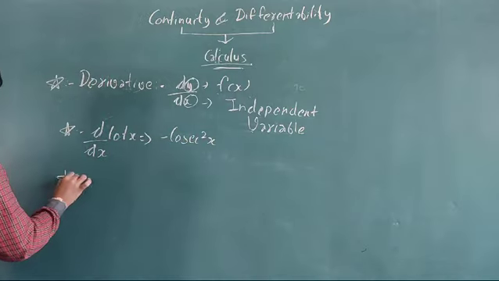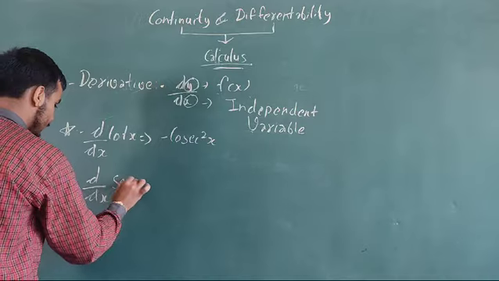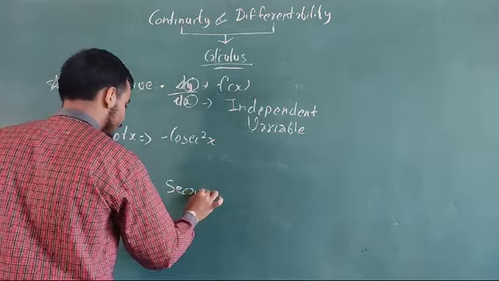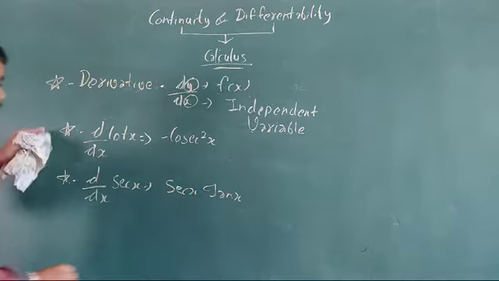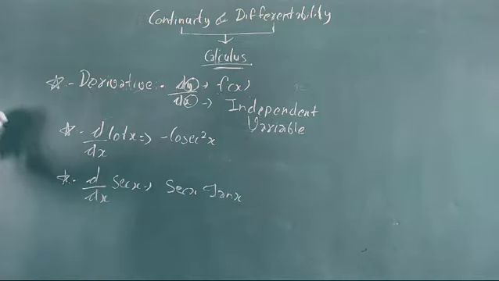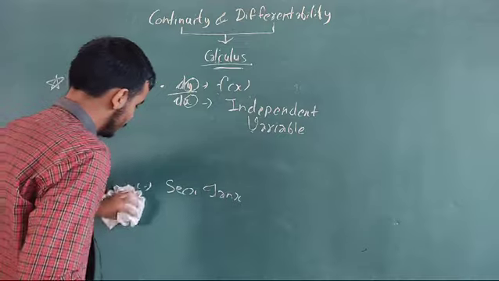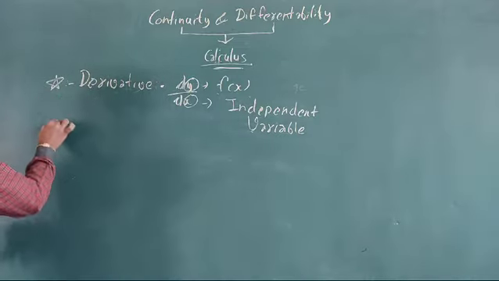And derivative of secant x will be secant x into tan x. These are the formulas to find the derivative of trigonometric functions. And then we will talk about other formulas of derivative.